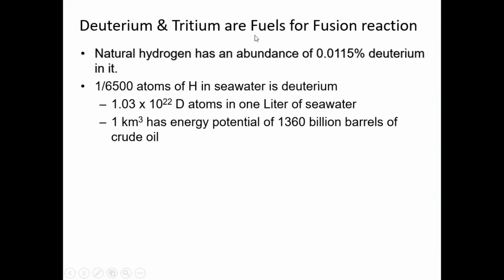Natural hydrogen has an abundance of 0.0115% deuterium, which means the water in the sea has a reasonably good abundance. 1 out of 6,500 atoms of hydrogen in seawater is deuterium. So there are 1.0 times 10 to the power 22 deuterium atoms in 1 liter of seawater.